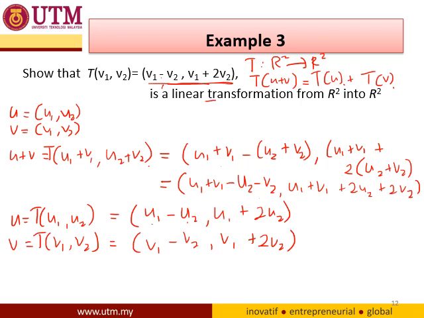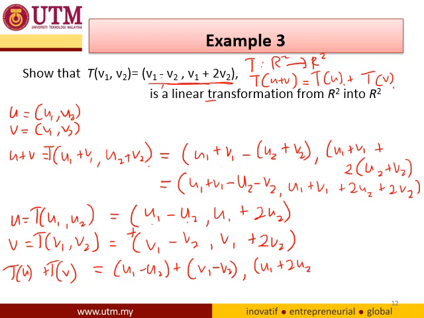Alright, now we need to find the addition of the transformation of u and the transformation of v. These two. Alright, so what answer do you get? You have your u1 minus u2 plus your v1 minus v2. And the second one you will have u1 plus 2u2 plus your v1 plus 2v2.